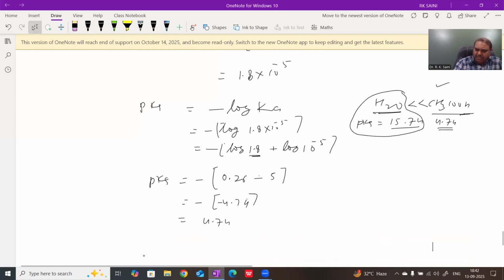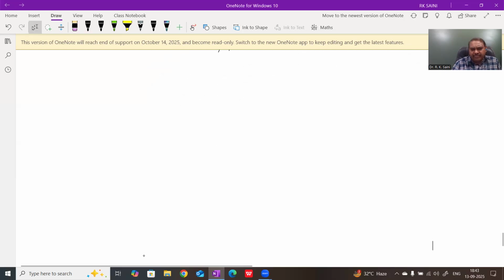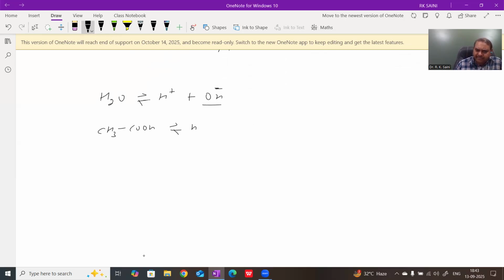Now, for relative acidic strength, we consider the following factors. After removal of one H plus ion, the remaining part is known as conjugate base. For example, this is a conjugate base, and acetate ion is also a conjugate base.